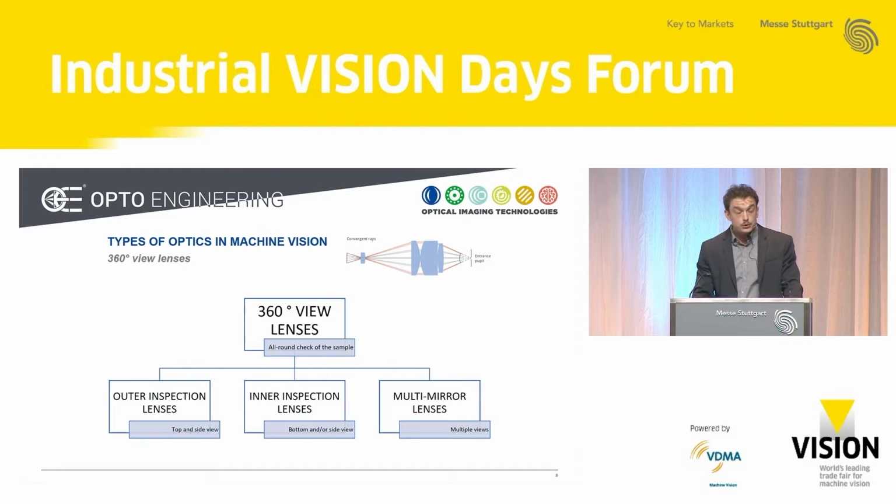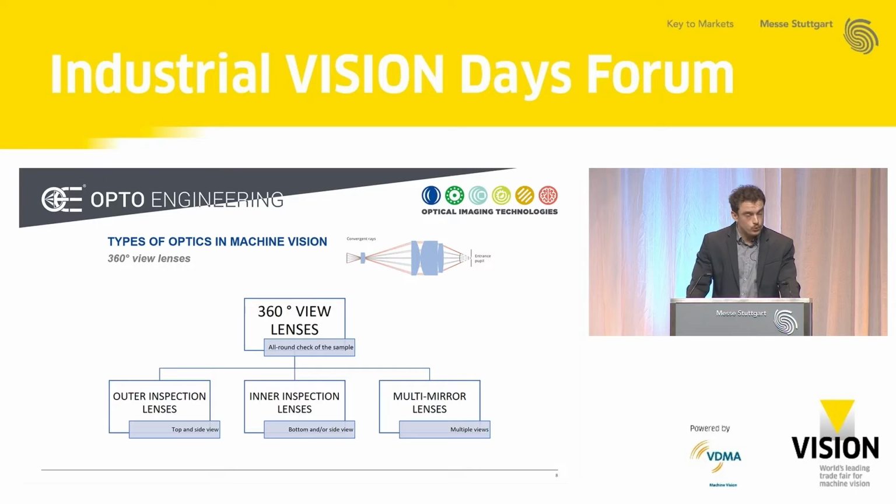We have outer inspection lenses to capture the top and side of the object. In the upper part of the slide, you can see a typical optical design which is employed for these lenses that is called pericentric, meaning that the rays in this case are converging instead of diverging.